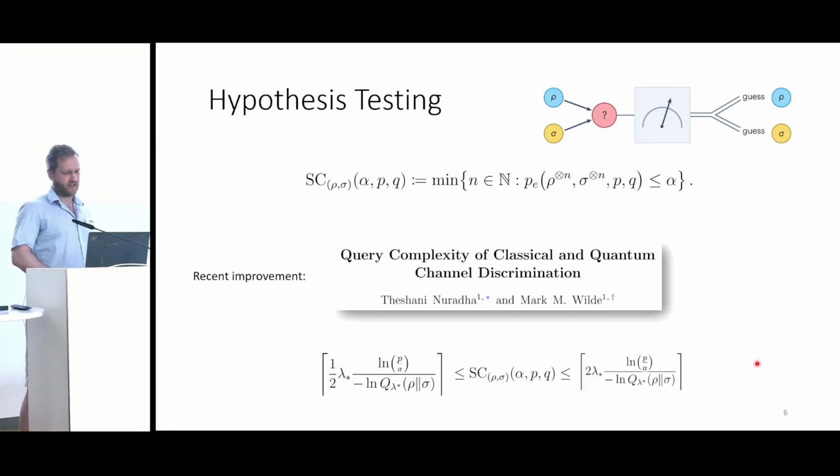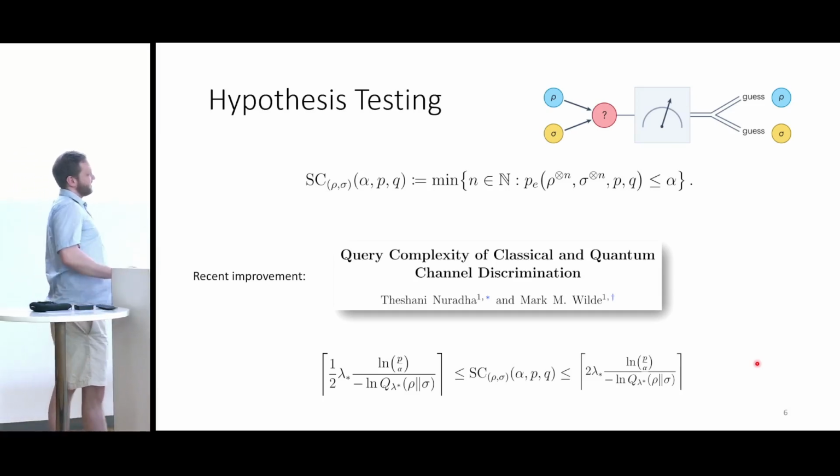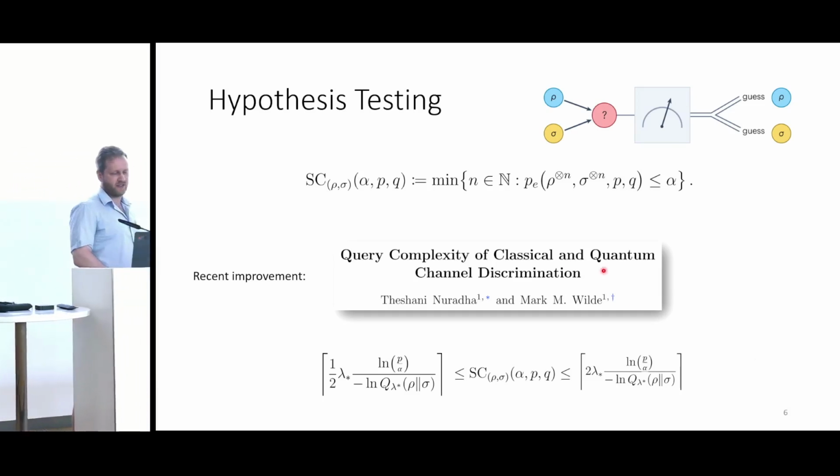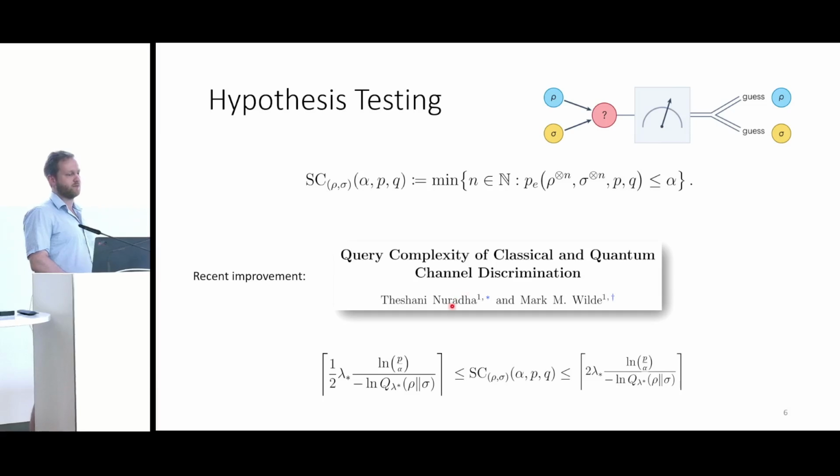As a remark, things have developed a bit since then, and I wanted to advertise this result, which is in a recent update to this paper by Teshani and Mark, which gives much cleaner lower and upper bounds on the sample complexity.